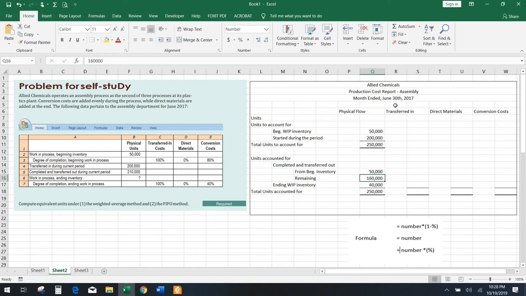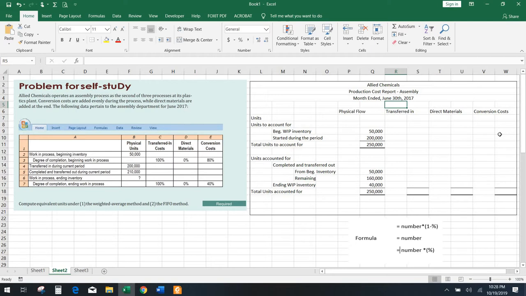Okay, so I like to put these degree of completion, beginning work in process up here at the top, and then I like to put the degree of completion, ending work in process down here at the bottom, and I'll show you why. I have this little formula that's going to help us solve the problem, and so that'll become important later.